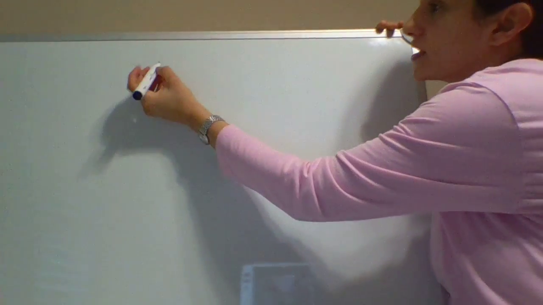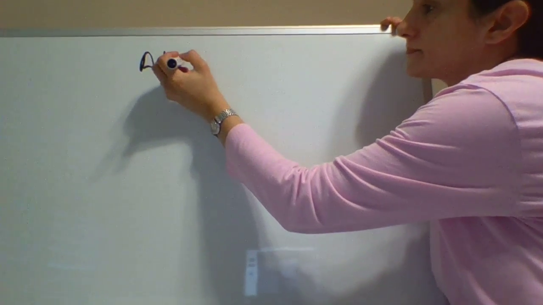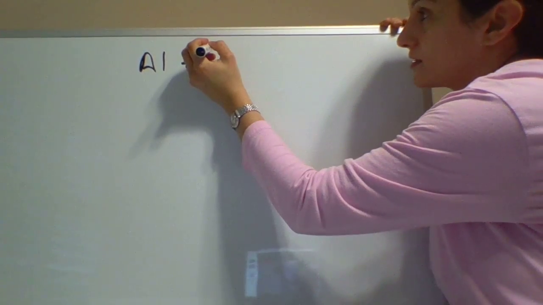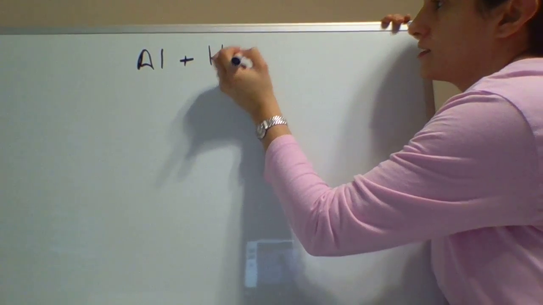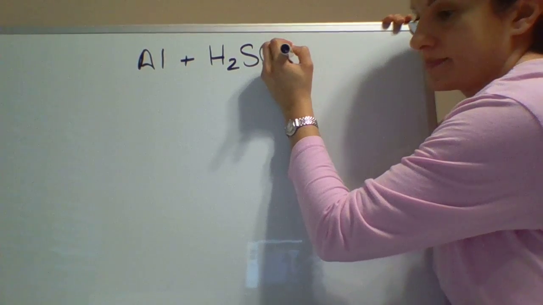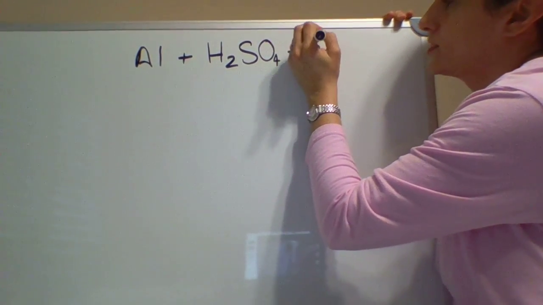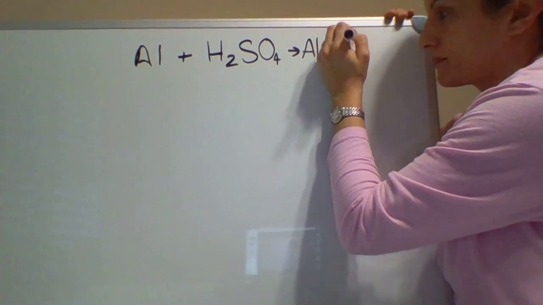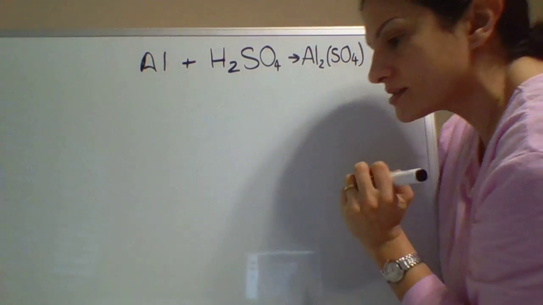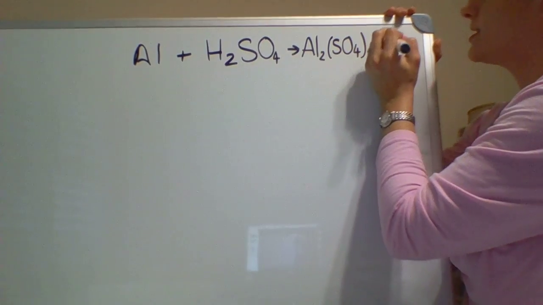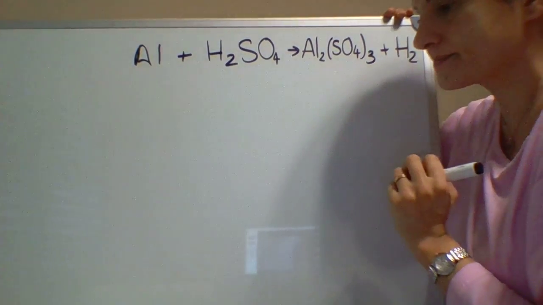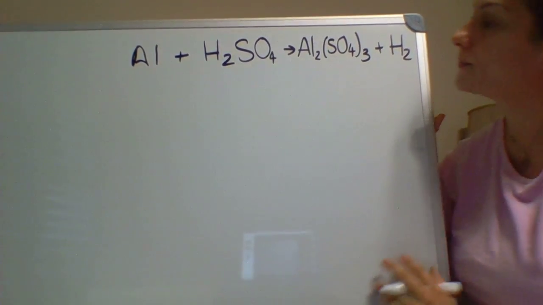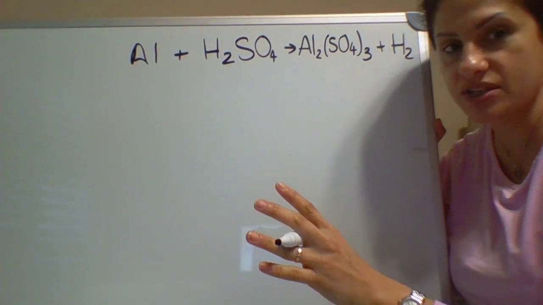So let us try aluminum plus sulfuric acid to give us aluminum sulfate. And that's going to be 3, plus hydrogen gas.